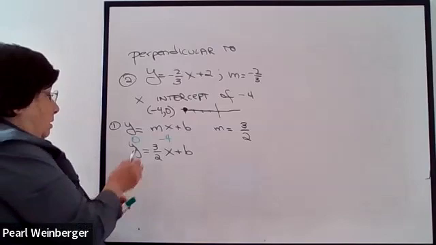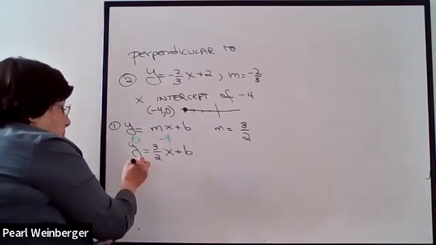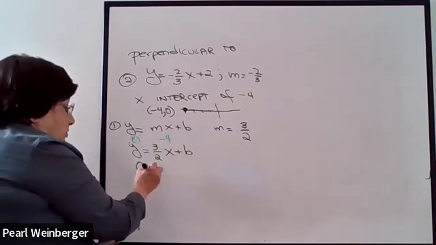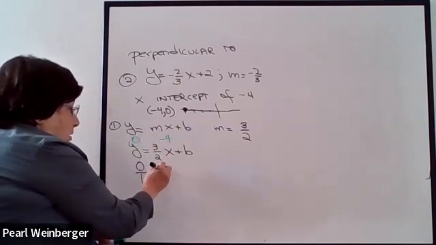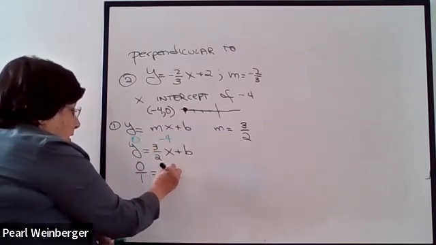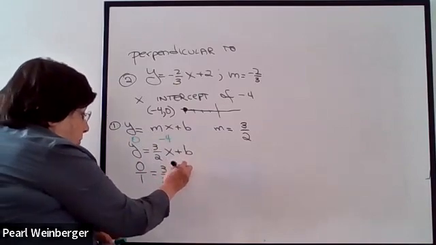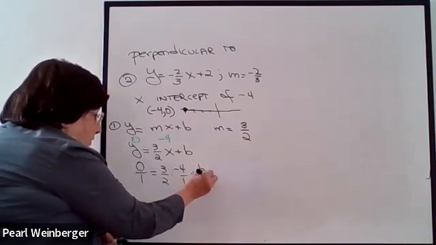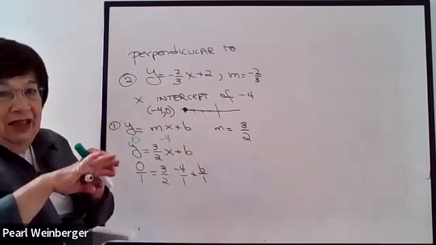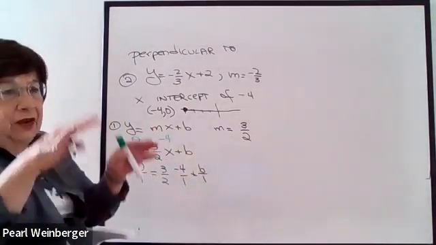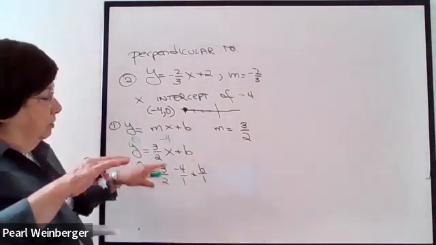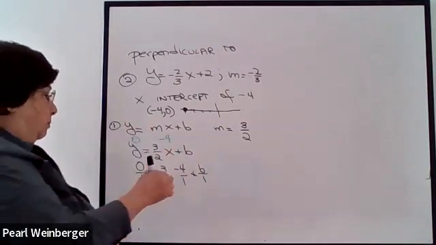So that I'll get 0, which I've been writing 0 over 1 because I see fractions, equals 3 over 2 times -4 over 1 plus b over 1. Again, wherever I see fractions, I like to put the whole numbers over 1. Otherwise, it gets confusing as to what's on top, what's on bottom.